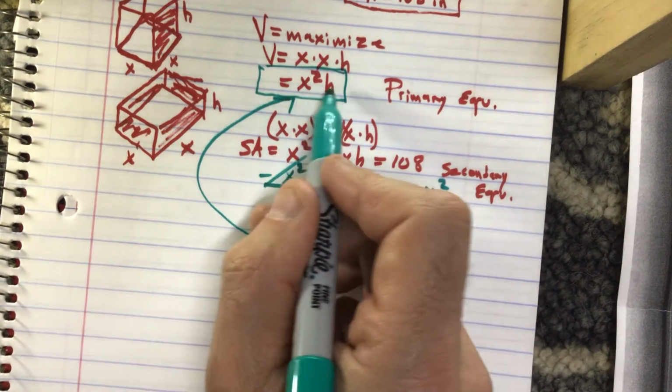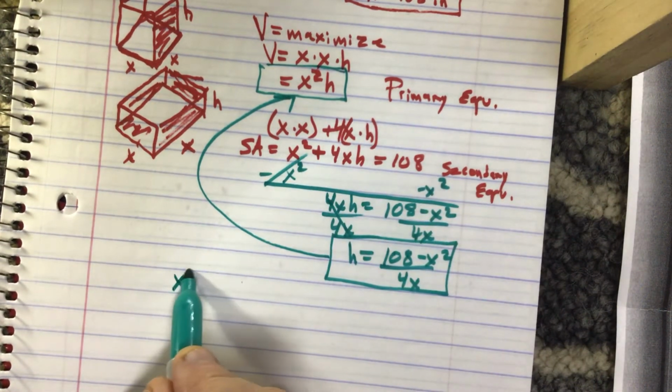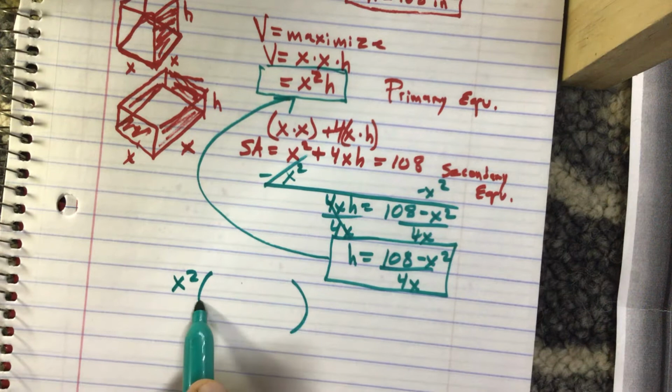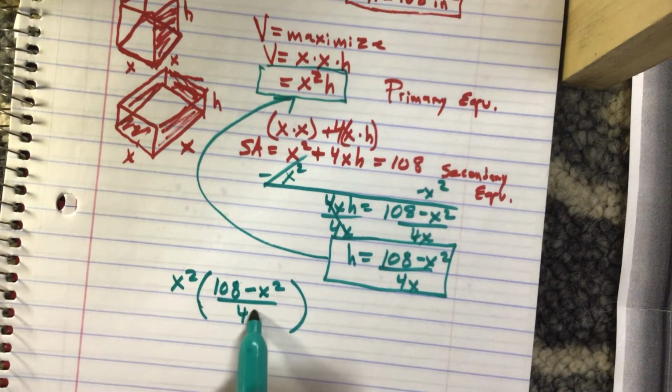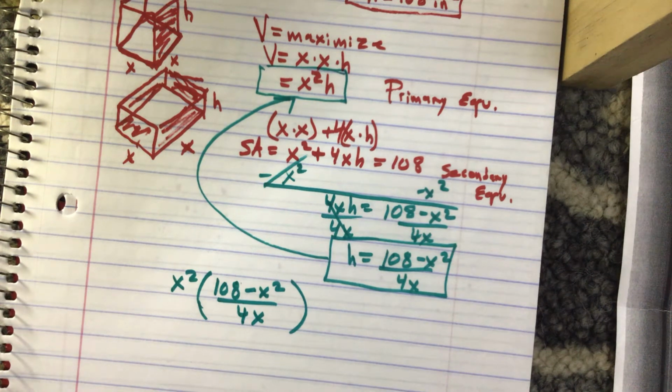So instead of x squared h, I'll write x squared times 108 minus x squared over 4x. And I can reduce that.